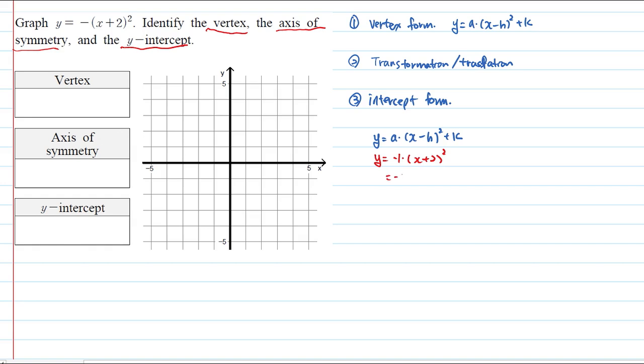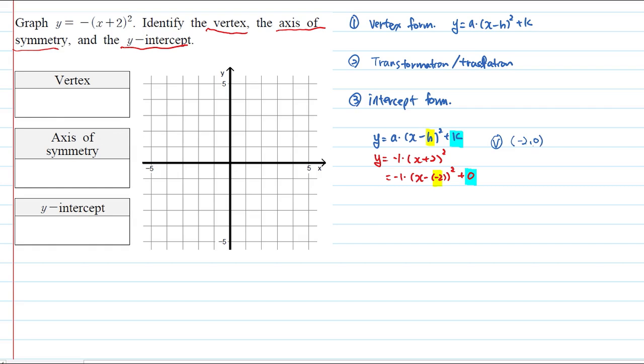Now, by rewriting it, that's negative 1 times (x minus negative 2) squared plus k, plus a 0. So we know that your h is negative 2. Your k is a 0.